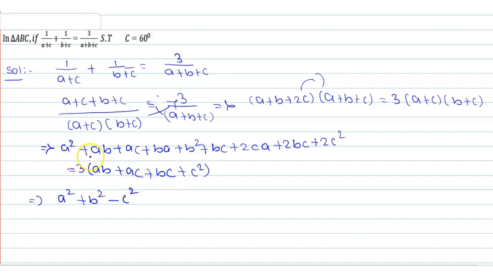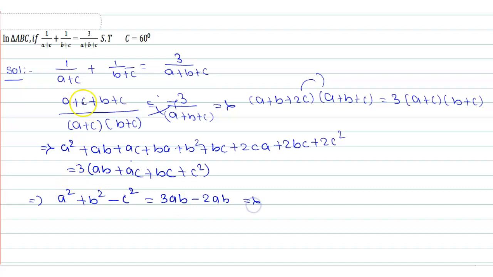Okay, ac plus 2ac is 3ac, here 3ac will get cancelled. 2bc plus bc is 3bc, here 3bc will get cancelled. The leftover value is 3ab minus 2ab, which is on the right side.